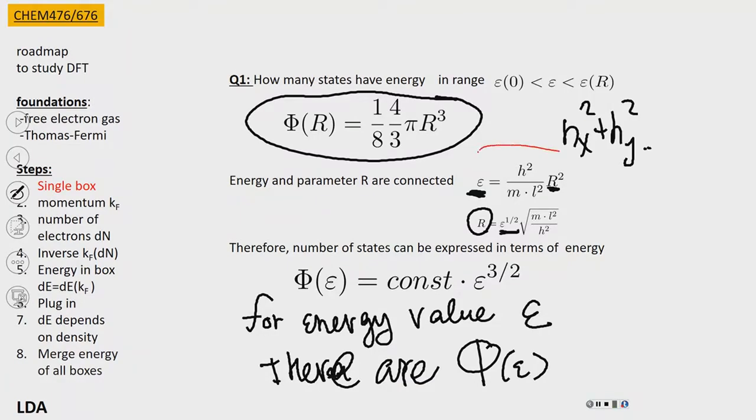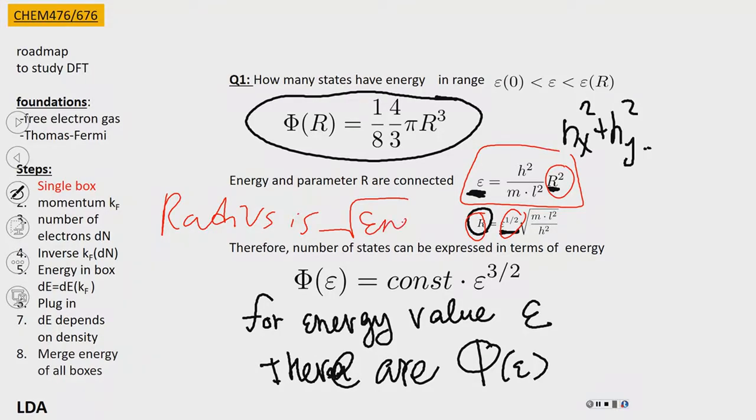If the energy is something times r squared, then the radius will be the square root of energy. I will write it down. So radius is the square root of energy. Two steps before, we agreed that the number of states in this thin yellow stripe is radius to the third power.